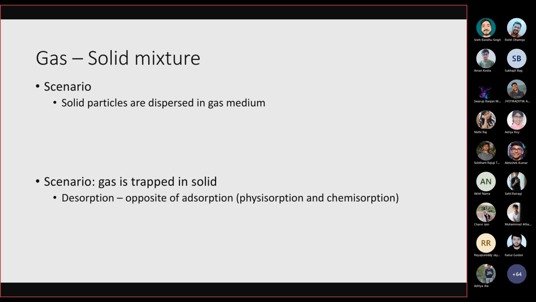So that way, the desorption method can be used to separate if the gas is trapped in a solid particle. If solid particles are dispersed in gas, just now you all told what methods we can use. If gas is trapped in solid particles, we can use desorption to separate them.